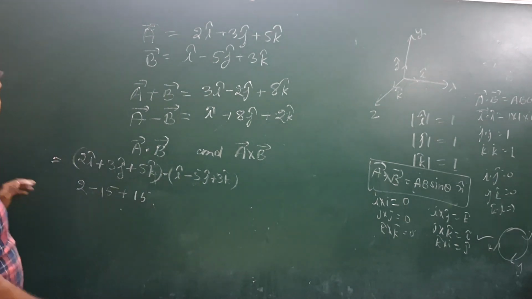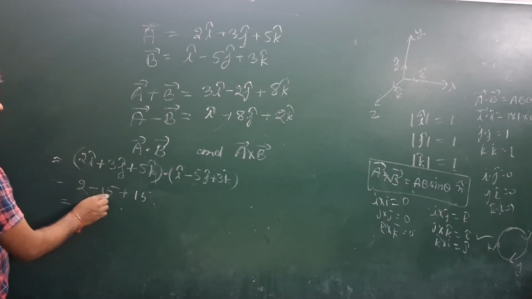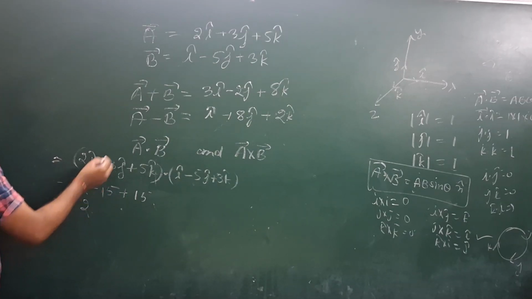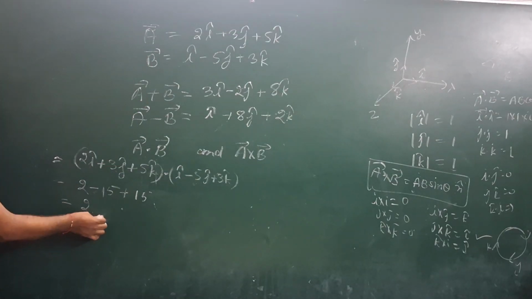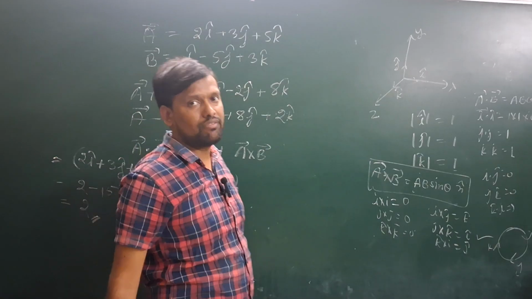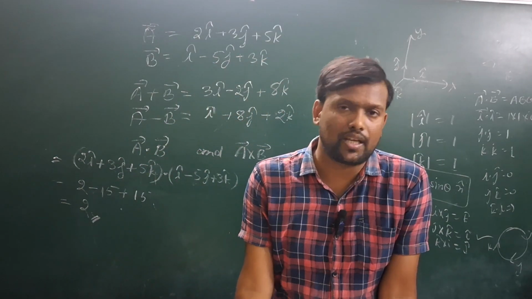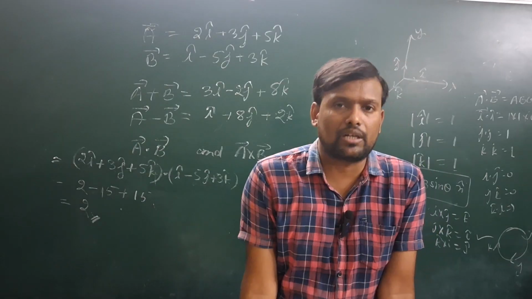That's why our result arrives: 15 cancels out and we get only 2. The dot product of A and B is 2 only, because it is a dot product and has no direction in I, J, K. This is the dot product or scalar product.